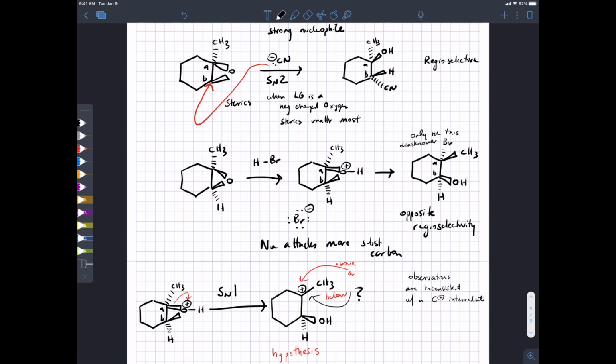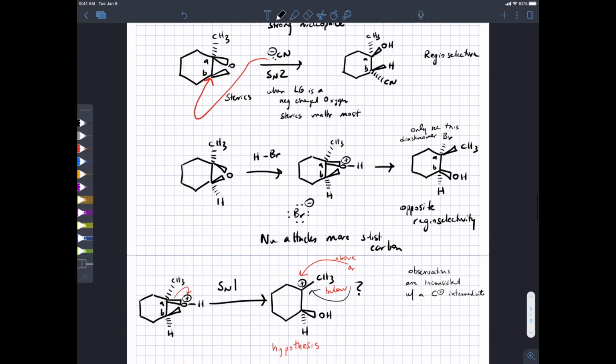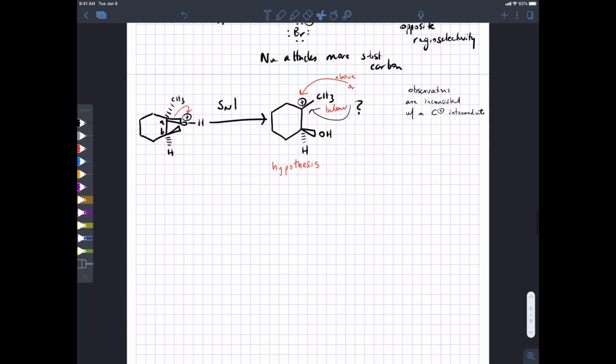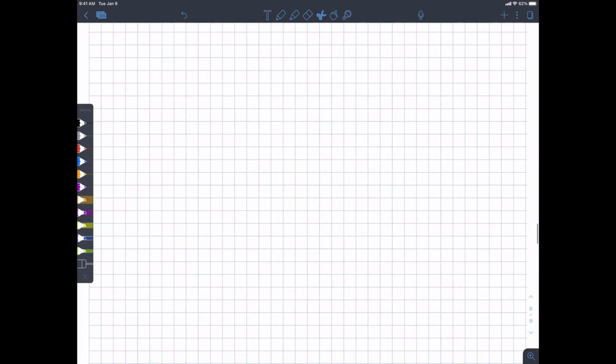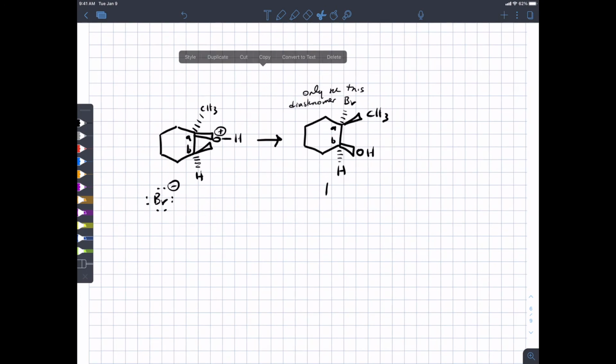So what is our solution to this conundrum? Our solution is that going from the protonated epoxide to the product is concerted, but the bond formations and breakings don't all happen at the same time.